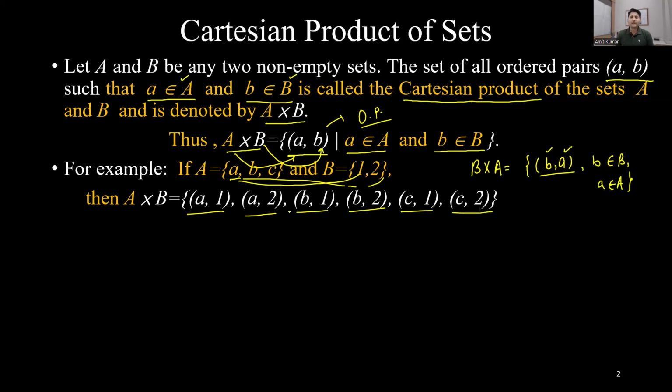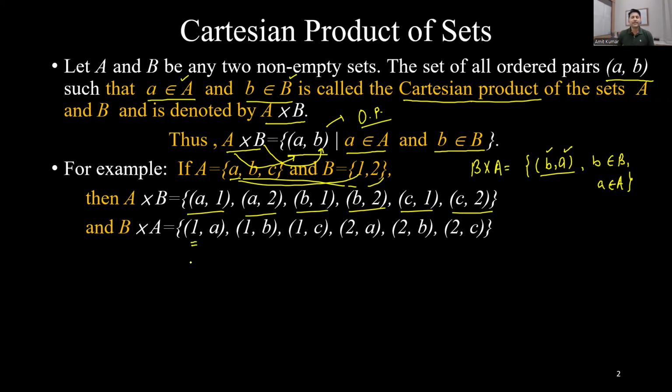These are all the elements of A cross B, and this is how we define the Cartesian product of two sets A and B. In the same manner, if I want to write B cross A, the first element comes from B and the second element comes from A. So B cross A means what?